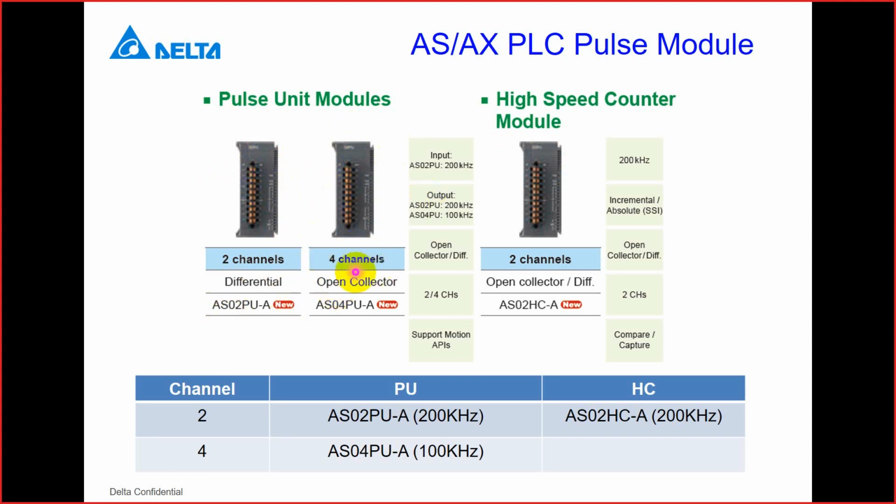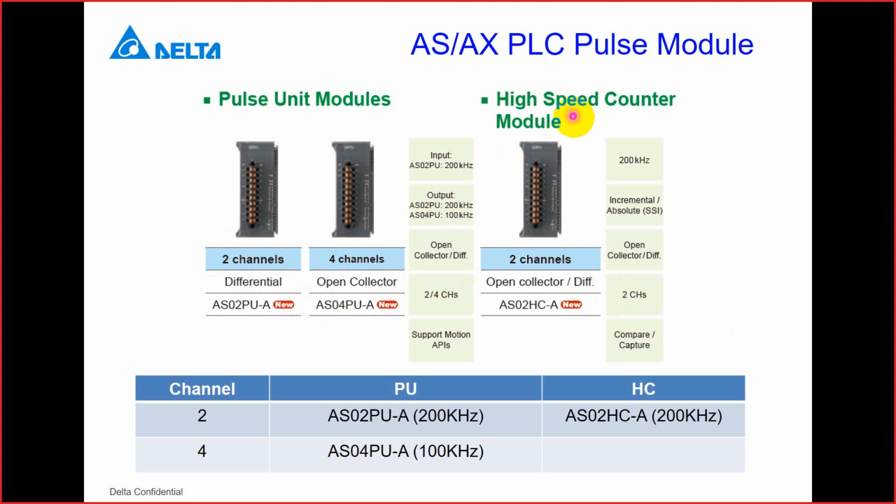But why this one can become a 4-channel? Because we change from differential to open collector. So that's the reason why for open collector we can use a 4-channel. Because open collector just you can consider a pulse and direction. Then differential is a plus minus. So that's why the quantity for 04 PU is higher than this one.